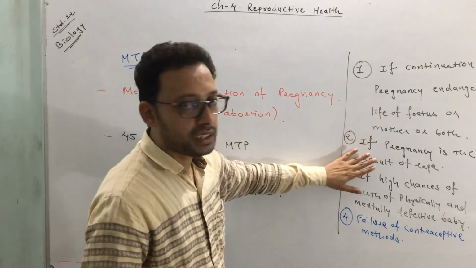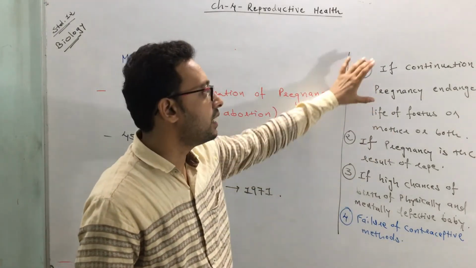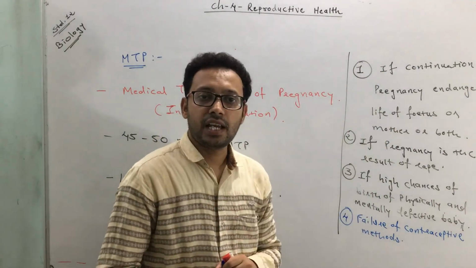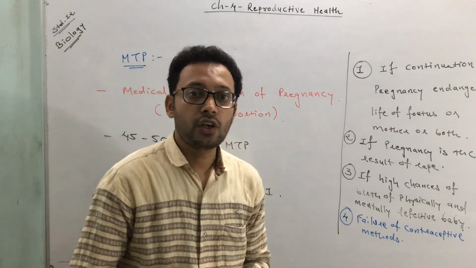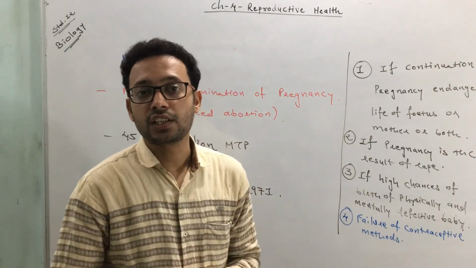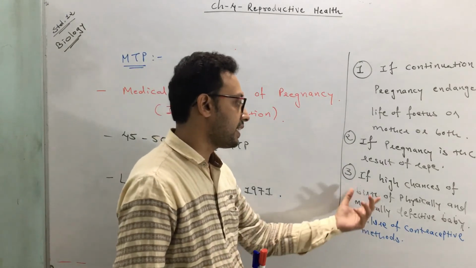So where is medical termination of pregnancy allowed? First, if continuation of pregnancy endangers the life of the fetus or mother or both. Second, if the pregnancy is the result of rape or unwanted sex.